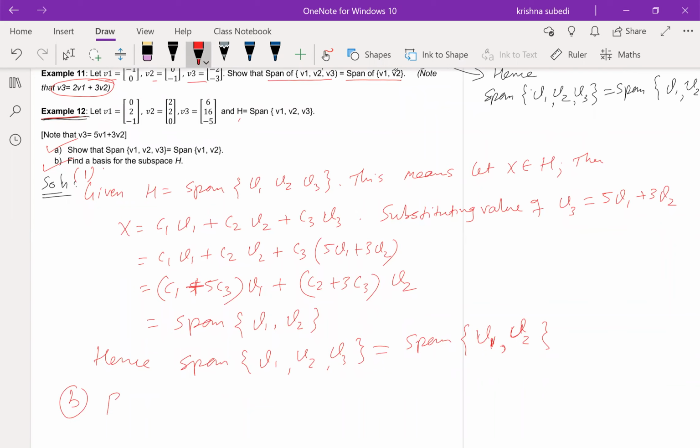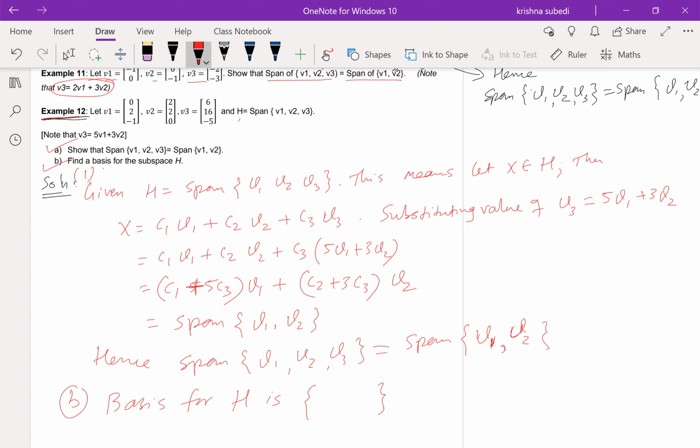Can you tell me, guys, what is the basis for subspace H? What are the essential vectors? What are the necessary vectors in order to form H?